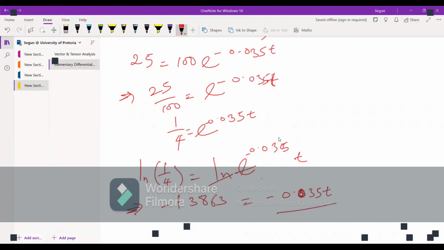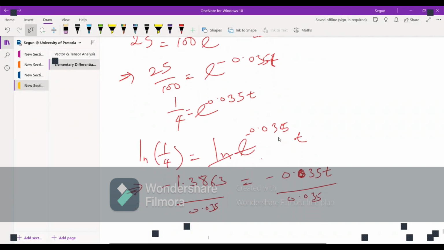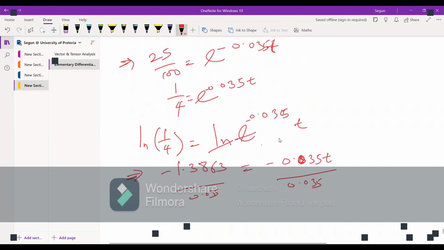When you divide both sides by 0.035, the negatives cancel, and t is equal to 39.6084 minutes.